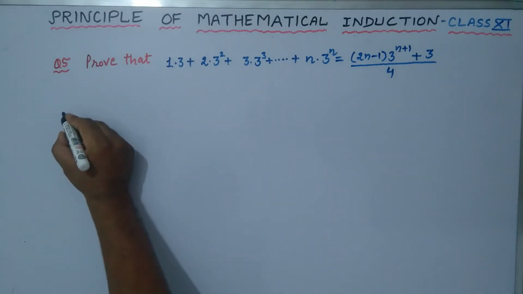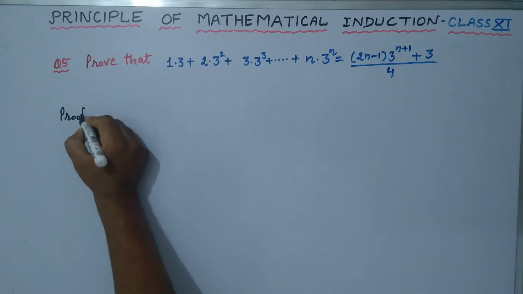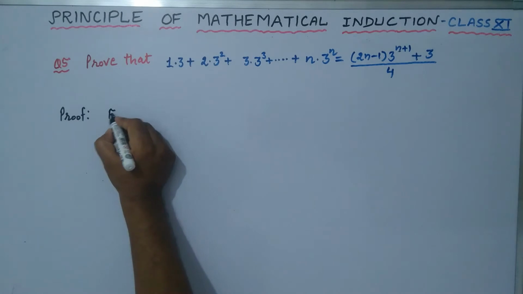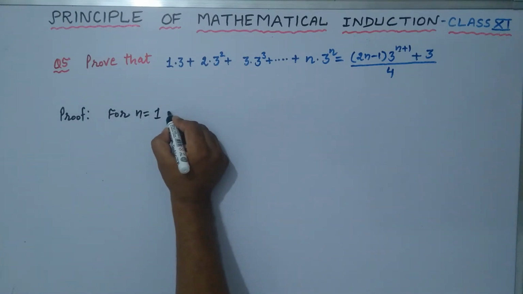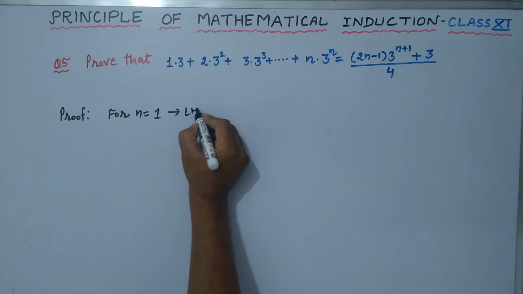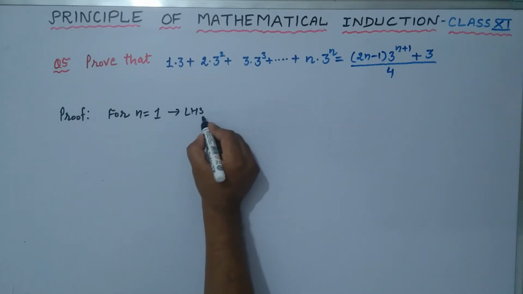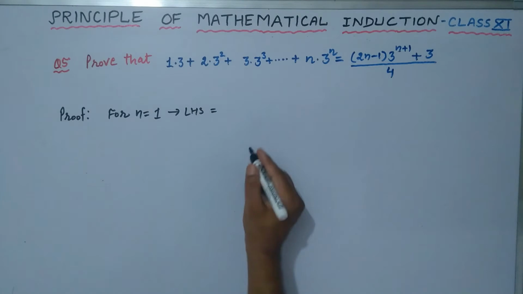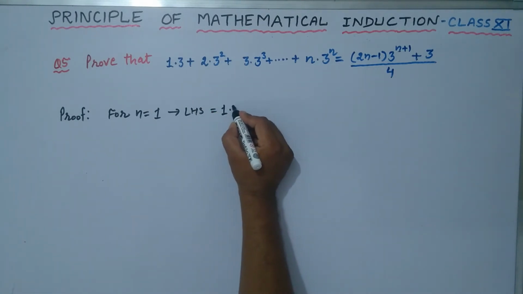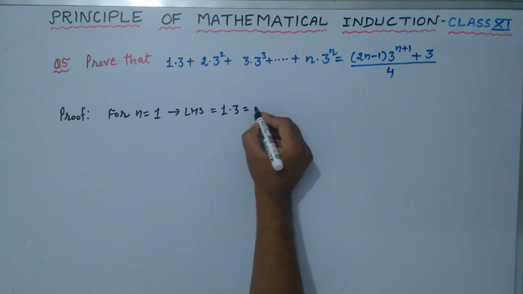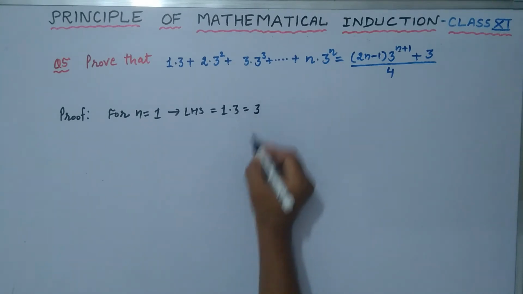So first of all, for n is equal to 1, here the left hand side is equal to the very first term, 1 into 3, which is equal to 3.